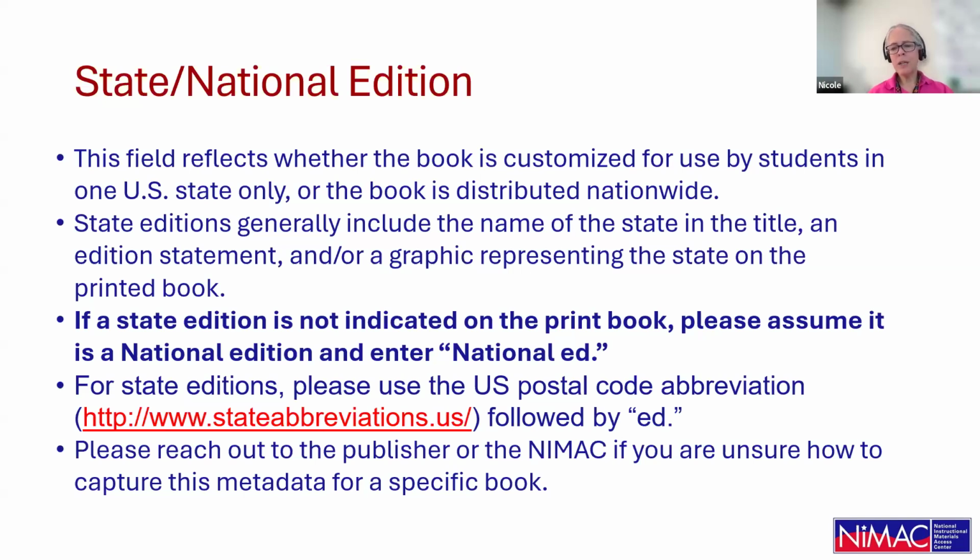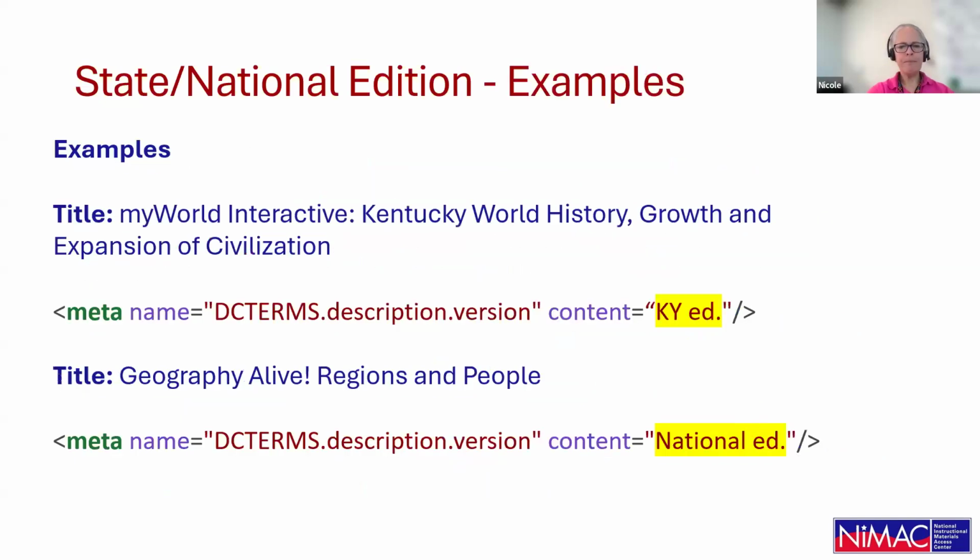One of the things that I do like to point out is that whether it's a state or national edition does not have anything to do with the state that has required NIMAS for the title. Occasionally there'll be some confusion about that. This only has to do with whether the textbook itself has been customized for use in only one state.